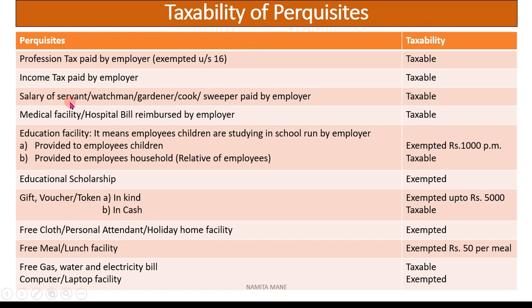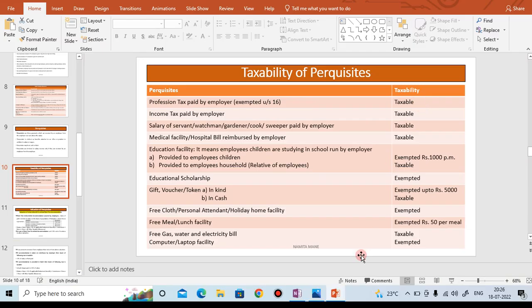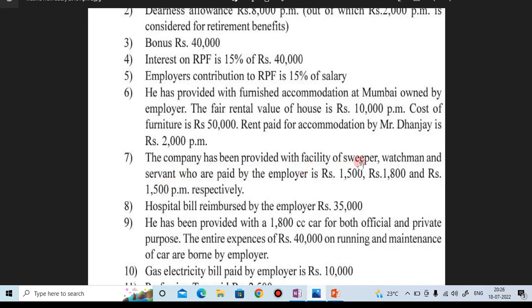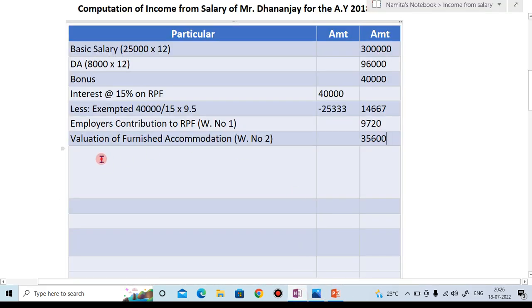See, salary of servant, watchman, gardener, cook, if it is paid by the employer, this is completely taxable. Okay, it is completely taxable. So all this perquisite, that is sweeper, watchman, servant, all this amount 1,500, 1,800, 1,500 per month, it is completely taxable. So here the facility provided by employer.